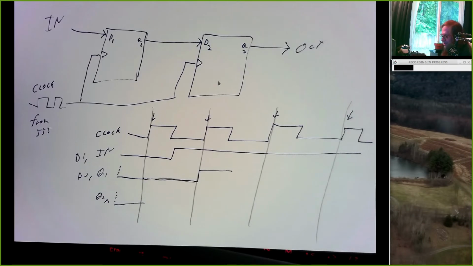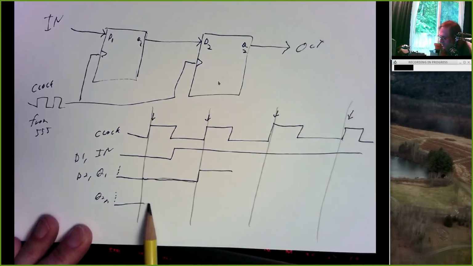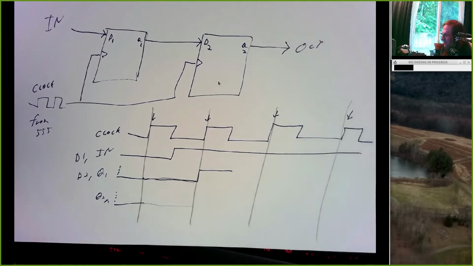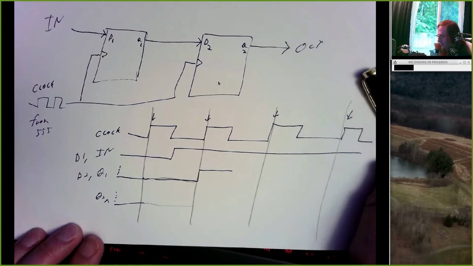What's going to happen to Q2? So Q2 is going along, it's low, it's low, it's low. What happens at this clock tick? This is the tricky, magic one. It will be 2 seconds after Q1.